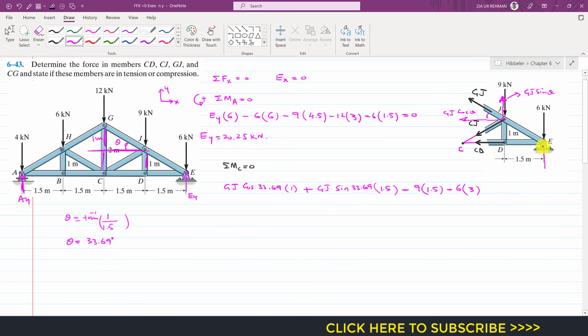And here we have that support force as well, that Ey, and as we have determined, this is 20.25 kilonewton. So again this Ey is producing the counterclockwise moment about that point C, so I will write plus 20.25, and the perpendicular distance of this Ey from that point C is 3. So this will be equal to 0.